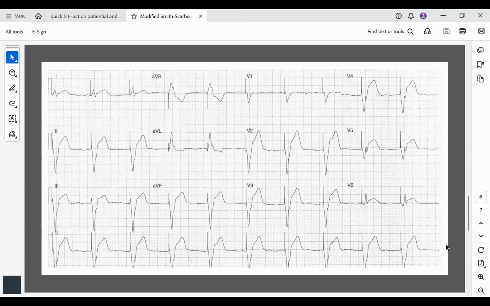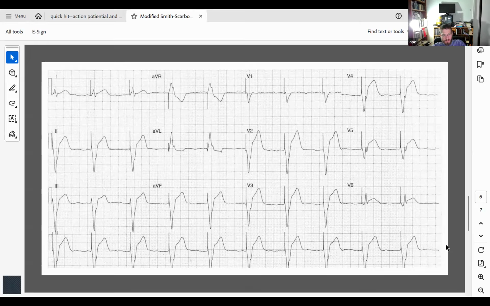What kind of rhythm is this? Let's go over what you think it is. Ventricularly paced. Yep. Good. So if we were applying those criteria to something that's ventricularly paced, proportionally excessive discordant ST elevation.